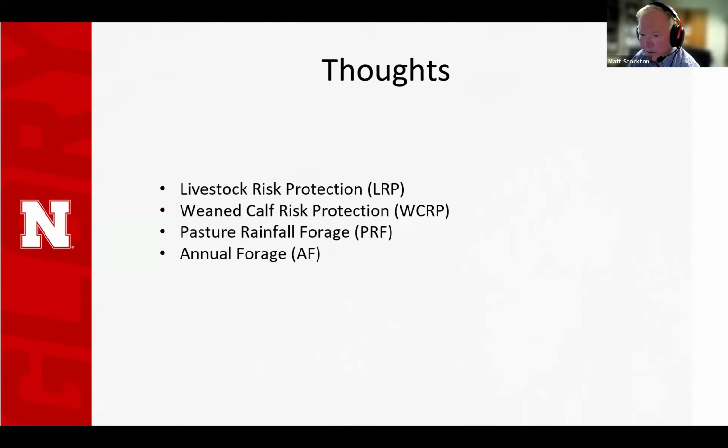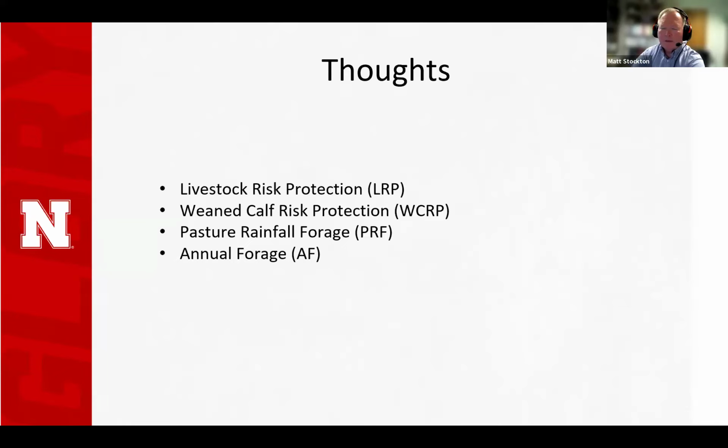Insurance can be a good deal or a bad deal. It's always a good deal when you get indemnities that pay for the insurance and help cover your loss. It's always not a good deal if it didn't indemnify and it didn't really do anything and you didn't have a problem. But at the same time, that's why you have to evaluate what the risk is and decide, does this insurance really mitigate the risk? And is what I'm paying for it really worth what I'm getting back?